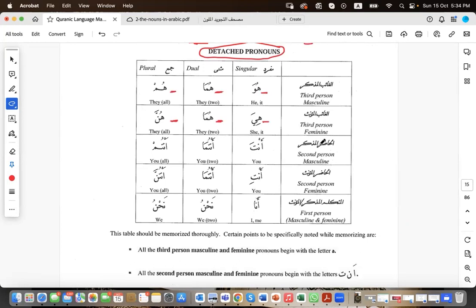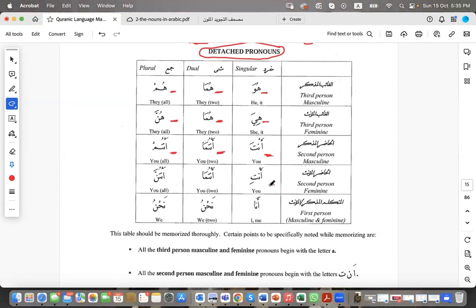طيب المخاطب, sorry. So that is the second person masculine. It's أنت for you singular masculine, أنتما for dual, and أنتم for you all masculine or mixed gender. And then the second person feminine, it's أنتِ, you singular feminine, أنتما dual, أنتن you all, but it should be all of them feminine.